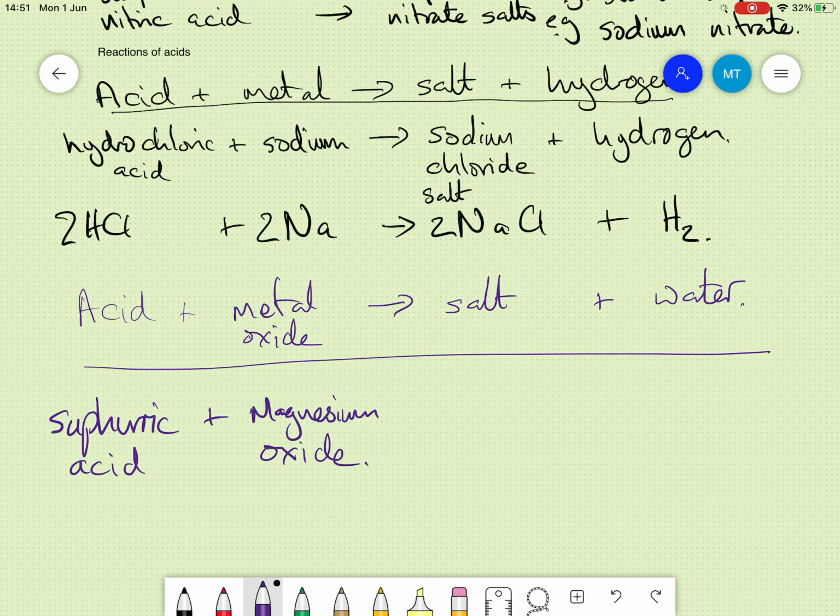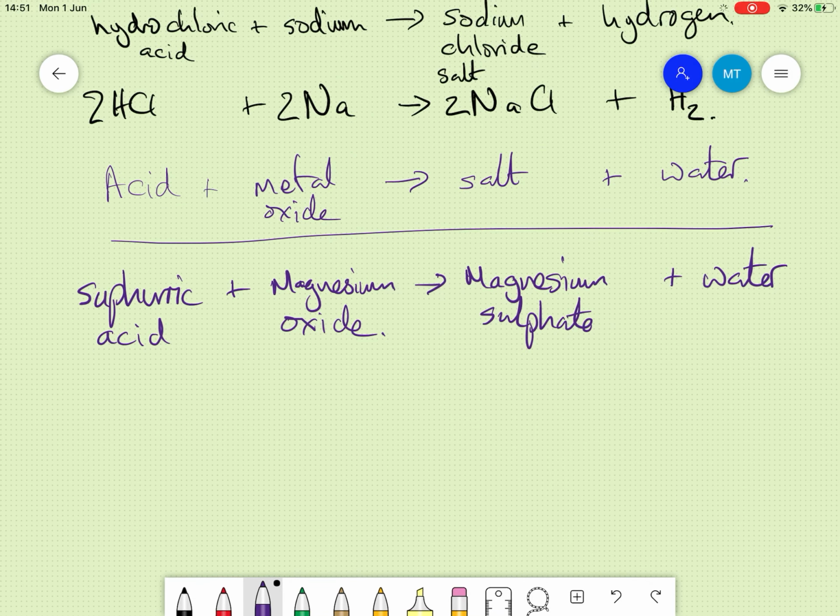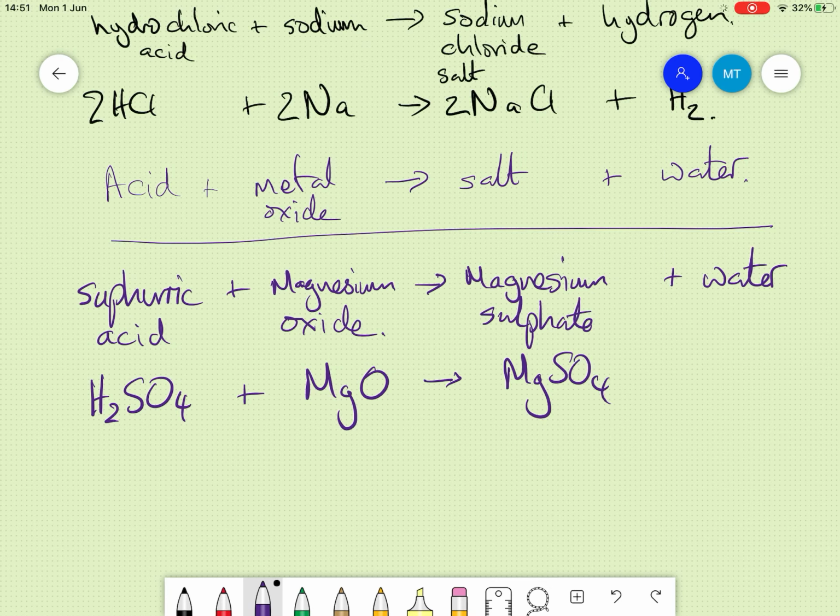So it's the magnesium oxide reacting with the sulfuric acid. The sulfuric acid forms a sulfate, so it's magnesium sulfate plus water. Let's put that down in a symbol equation. H2SO4 is sulfuric acid. Magnesium oxide is MgO, forming magnesium sulfate, which is MgSO4, plus H2O.